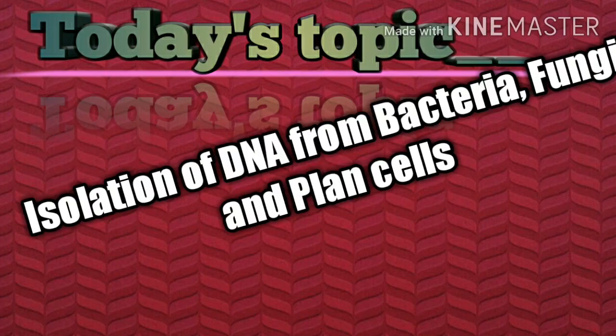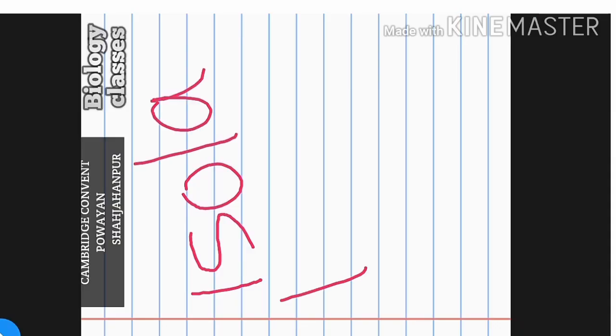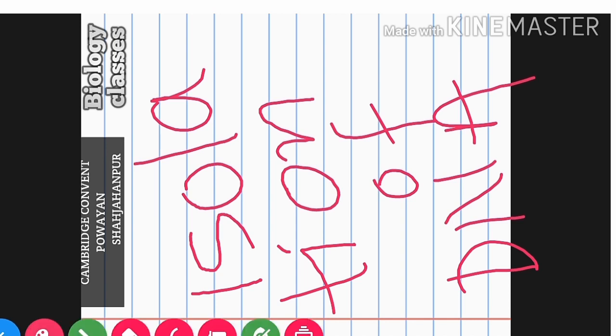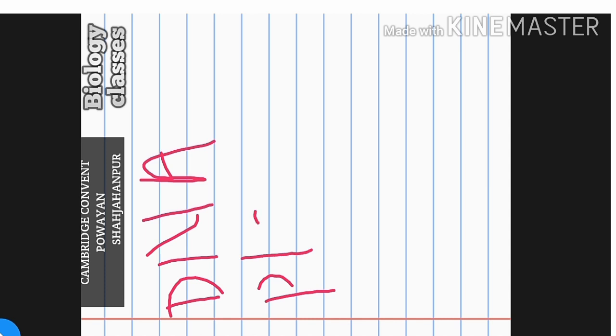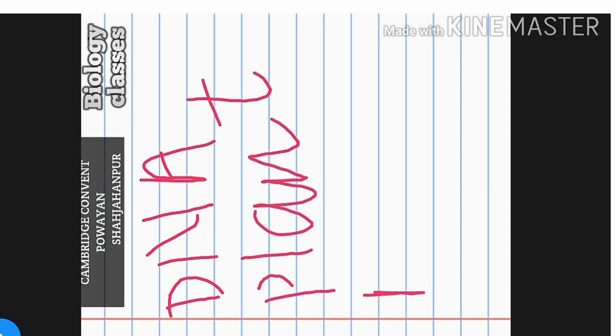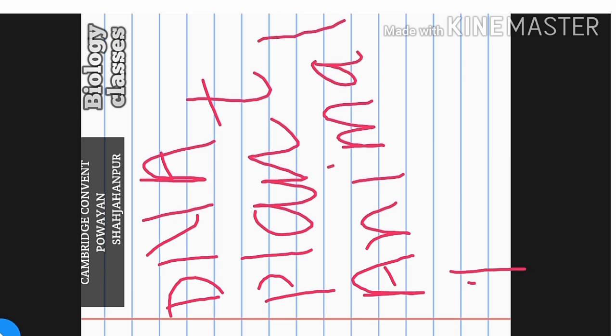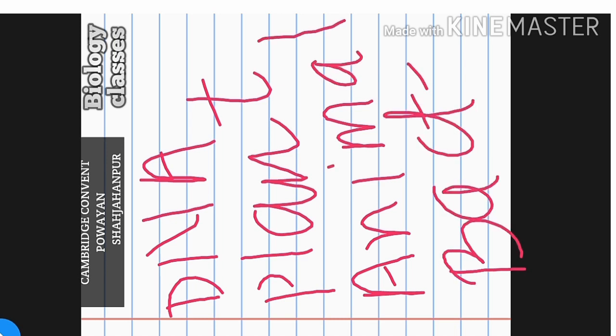The topic is how we will isolate the DNA from different cells, either plant cell, animal cell, bacterial cell, or fungi.